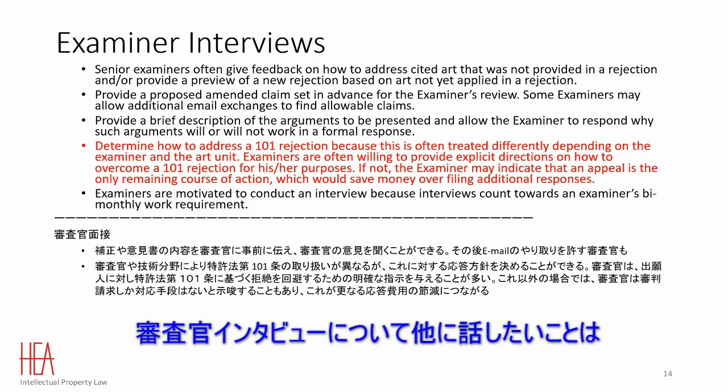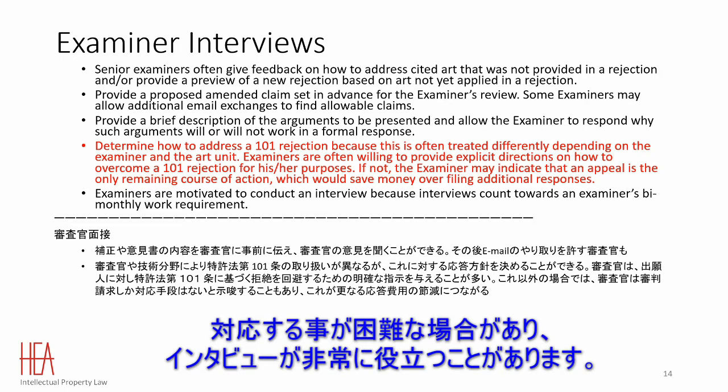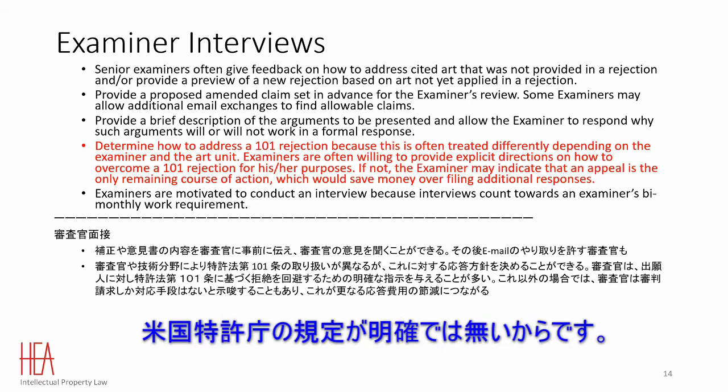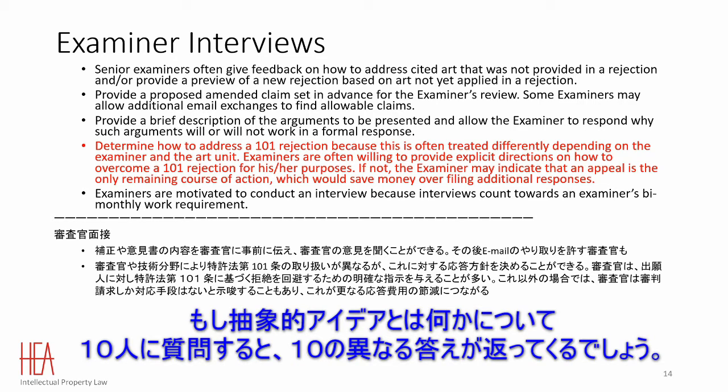The other thing I'll mention about interviews, and in particular with respect to 101 statutory subject matter rejections. If anybody deals with these kinds of rejections, it can be very difficult for everybody. The USPTO rules on this are not very clear. They're talking about an abstract idea. If you ask 10 people what an abstract idea is, you're going to get 10 different answers.